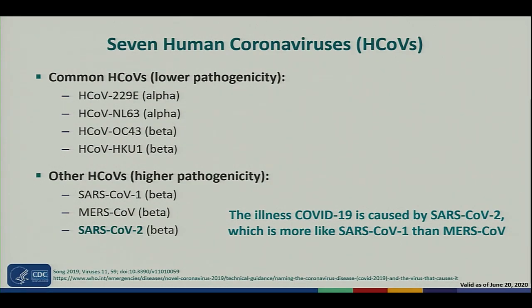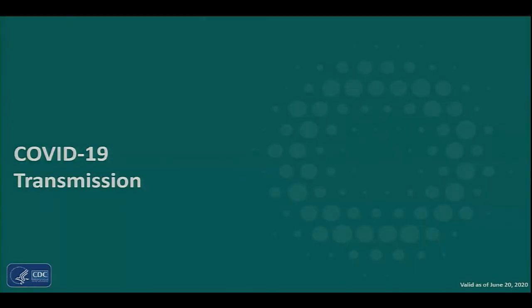These include SARS-CoV-1, the cause of the 2003 SARS outbreak, MERS-CoV, the cause of sporadic clusters of Middle East respiratory syndrome, and now SARS-CoV-2. And just to be clear, so we're all on the same page, I want to make sure everybody understands that when we use the term COVID-19, that describes the illness that is caused by the virus SARS-CoV-2, because it's genetically more like SARS-CoV-1 than MERS-CoV.